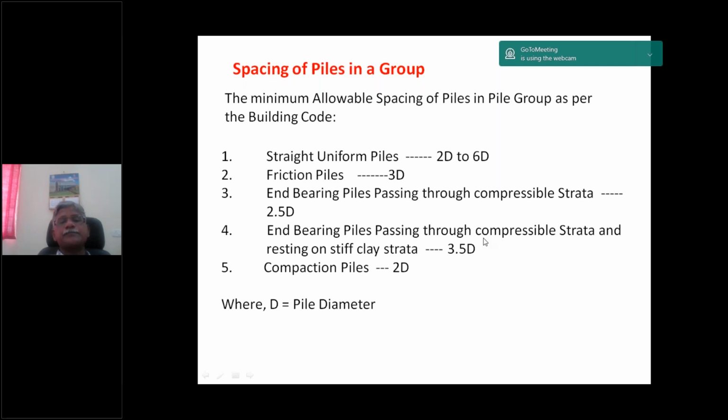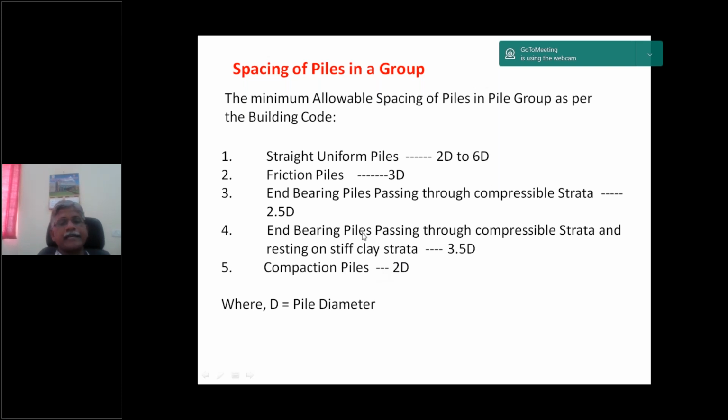End bearing piles passing through compressible strata and resting on stiff clay, the minimum spacing that we have to follow is 3.5 times the diameter of the pile. In case of compaction piles, the minimum spacing should be 2 times the diameter.